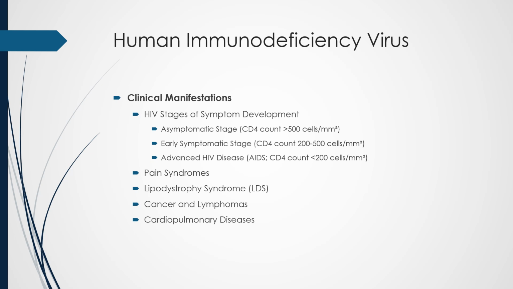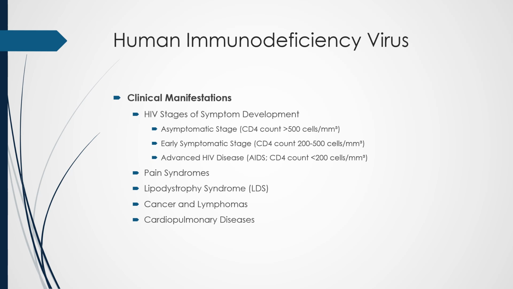The most common include sensory peripheral neuropathy, abdominal pain, and musculoskeletal pain. Women with HIV experience more pain and greater intensity than men. Neuromusculoskeletal diseases such as peripheral neuropathy, osteomyelitis, osteonecrosis, and HIV wasting syndrome.